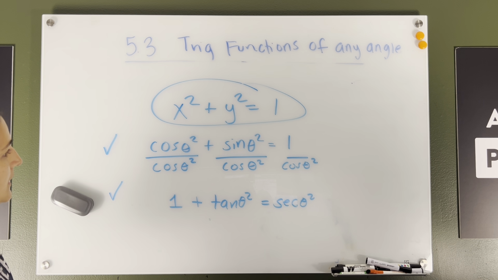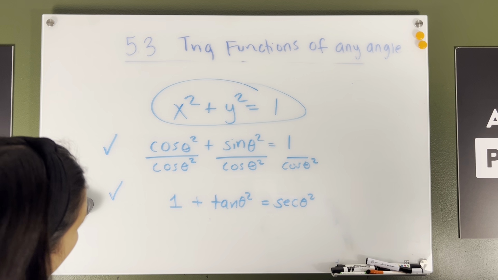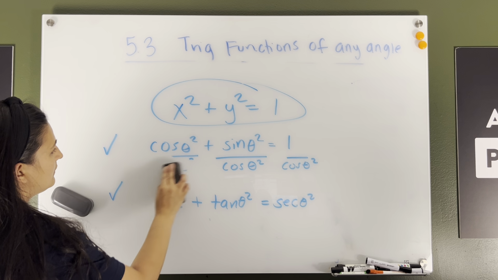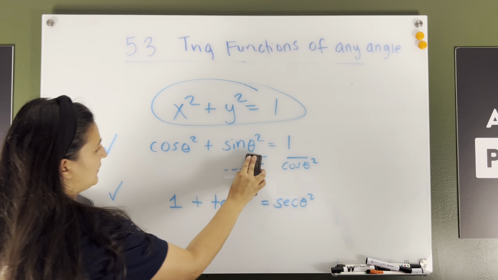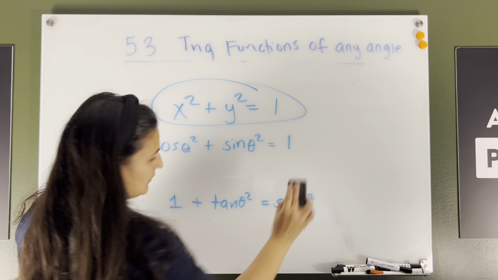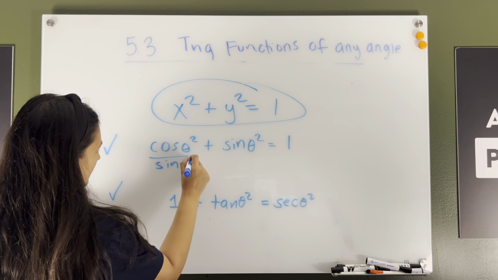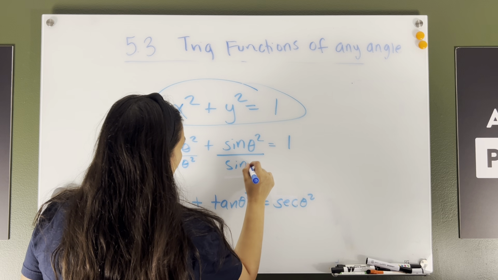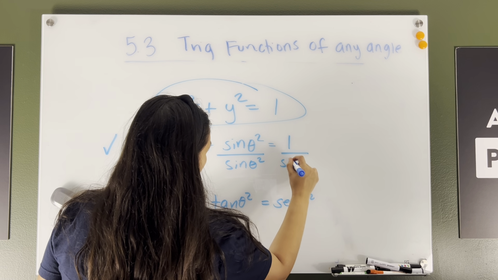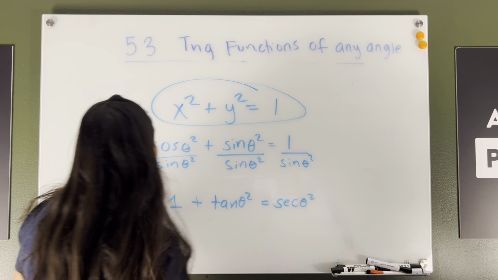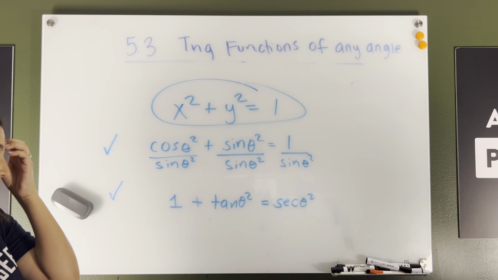And then, last but not least, let's say you didn't want to divide by cosine theta. You prefer to divide everything by sine theta squared. Then here, what is cosine divided by sine?